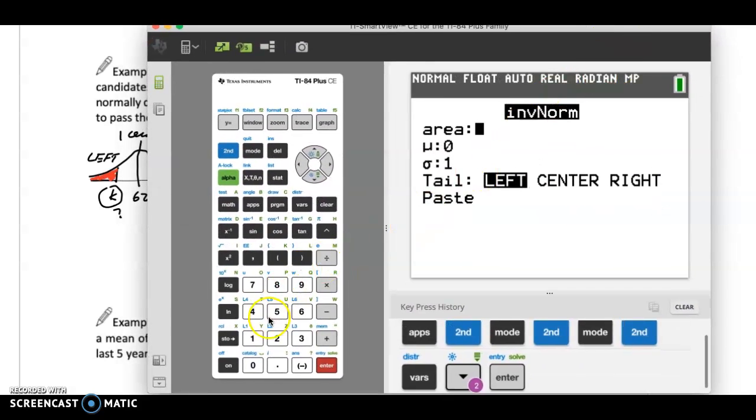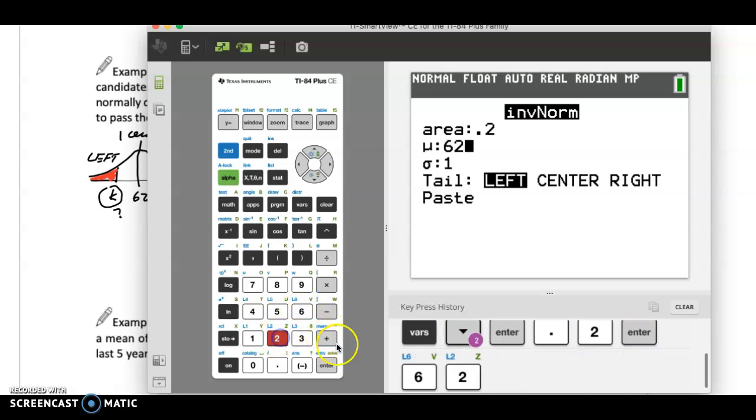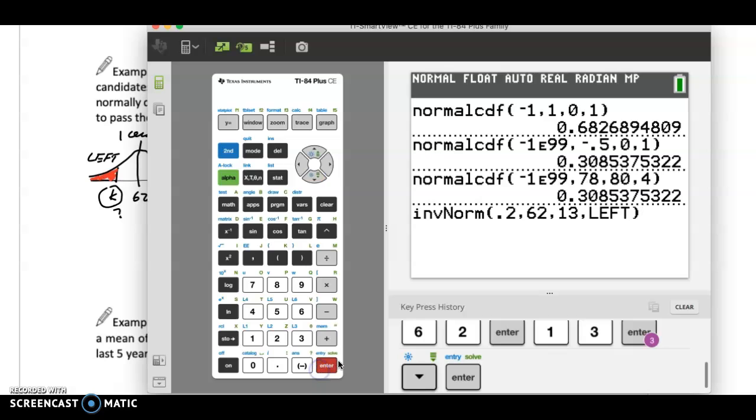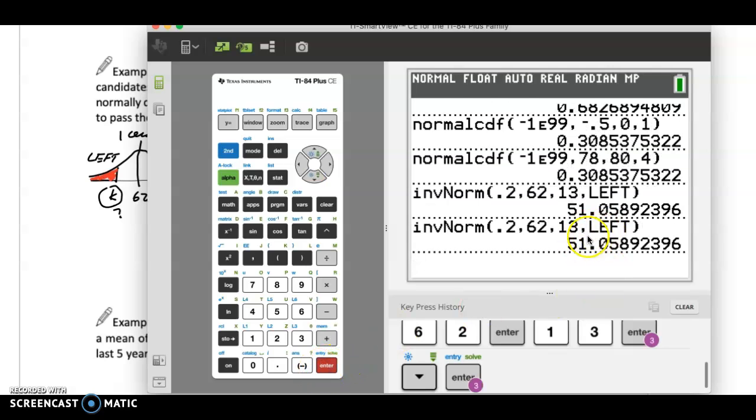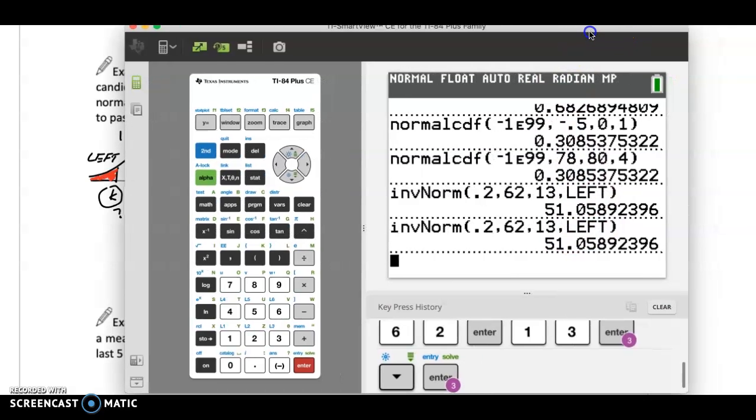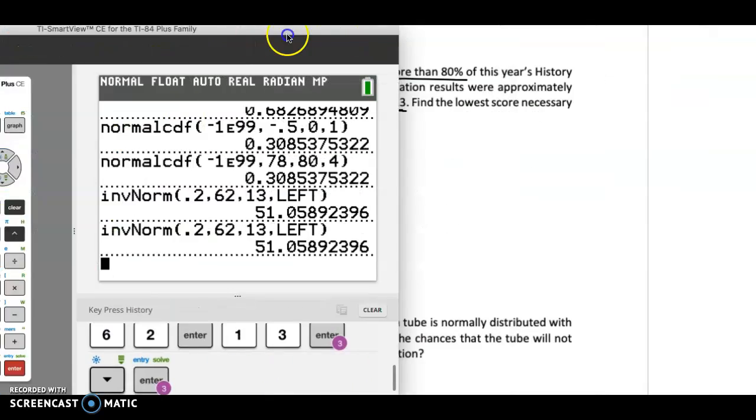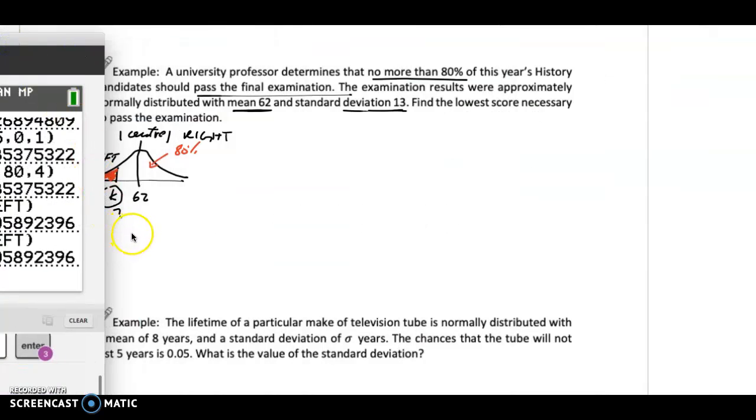The area under that red one is going to be 0.2, enter. Our mean is 62, enter. Standard deviation, 13, and I'm going to keep it to the left. Enter, enter. There it is, 51.06.